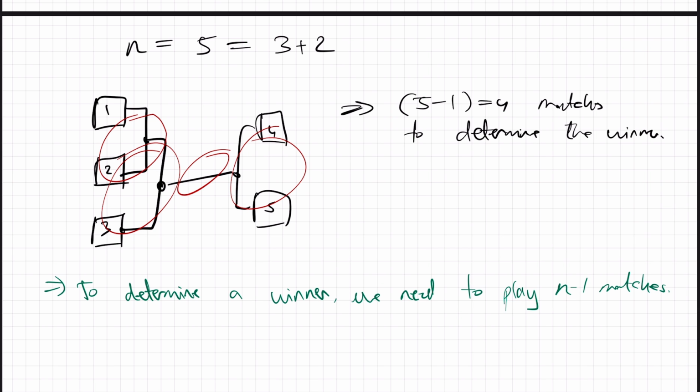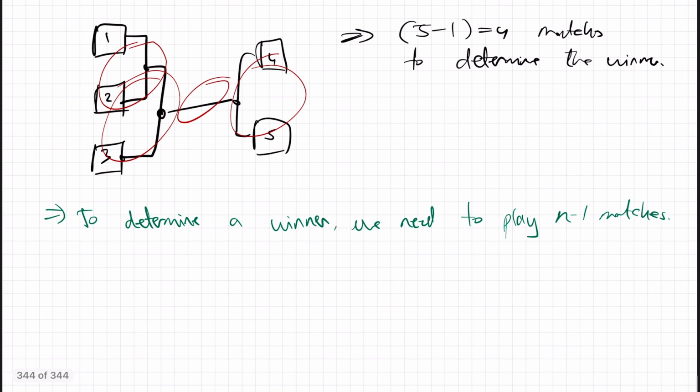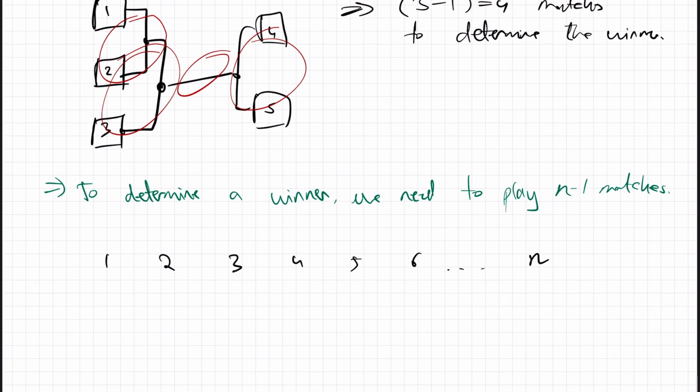And let's see if we can sort of prove this. So if we have n teams, we need to play n minus 1 matches. Let's just say we have each team represented by a number up to n. And I'm thinking about this sort of like a sorting algorithm.